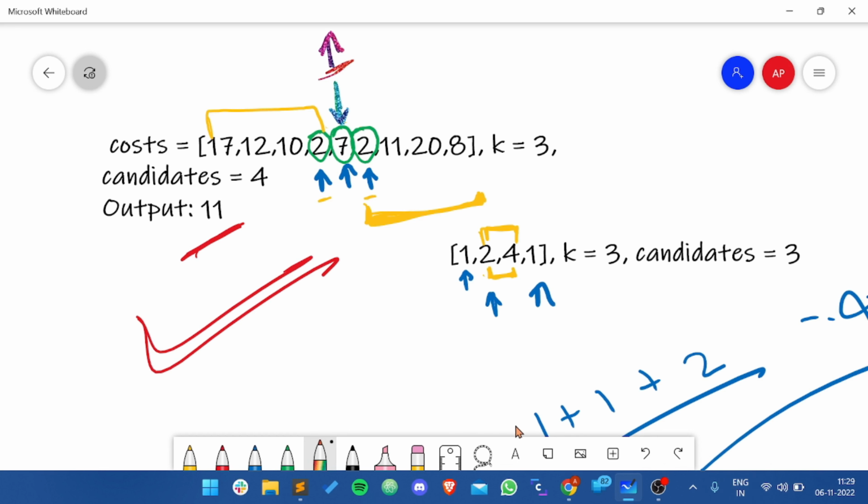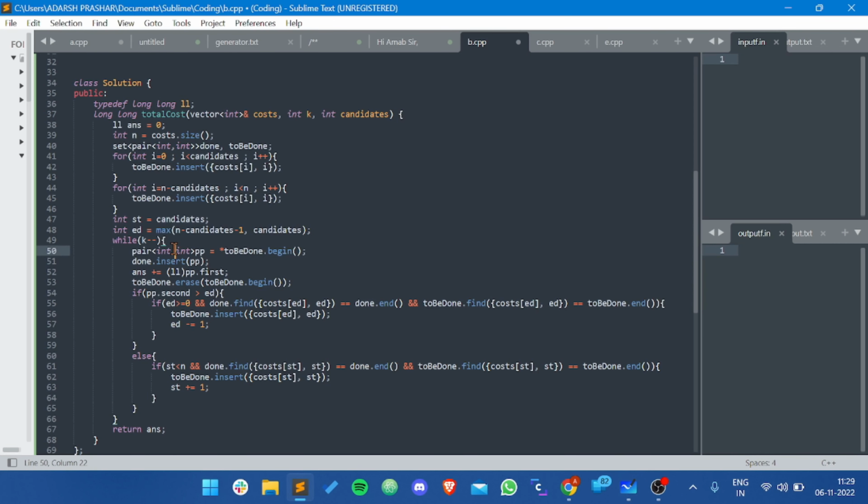So now I'm processing k hiring challenges. First one will be the minimum cost one. So this one is done, the first one is hired. Now my answer will be pp.first, because first is the cost.